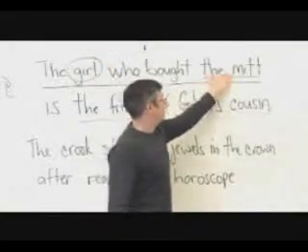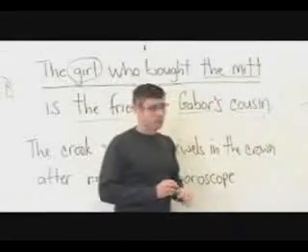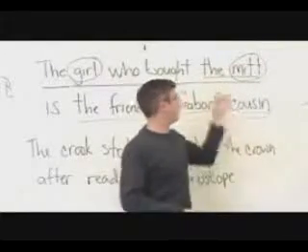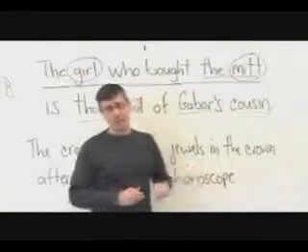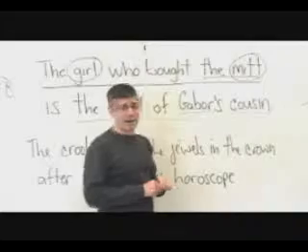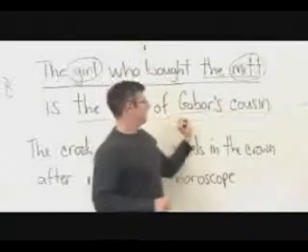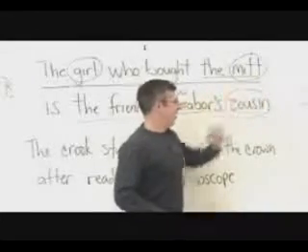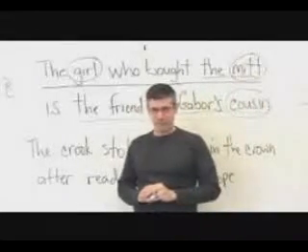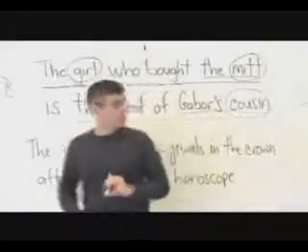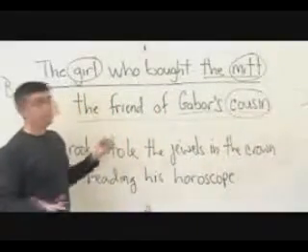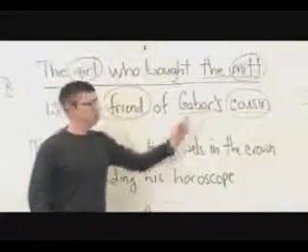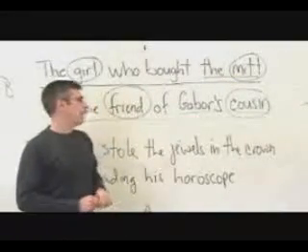And the mitt, that's another nominal phrase, and the head is mitt. And the is, again, the definite article that is modifying mitt. Similarly, Gabor's cousin, that's a nominal phrase, and cousin is the head of that phrase. The friend of Gabor's cousin, friend is the head of that longer nominal phrase.